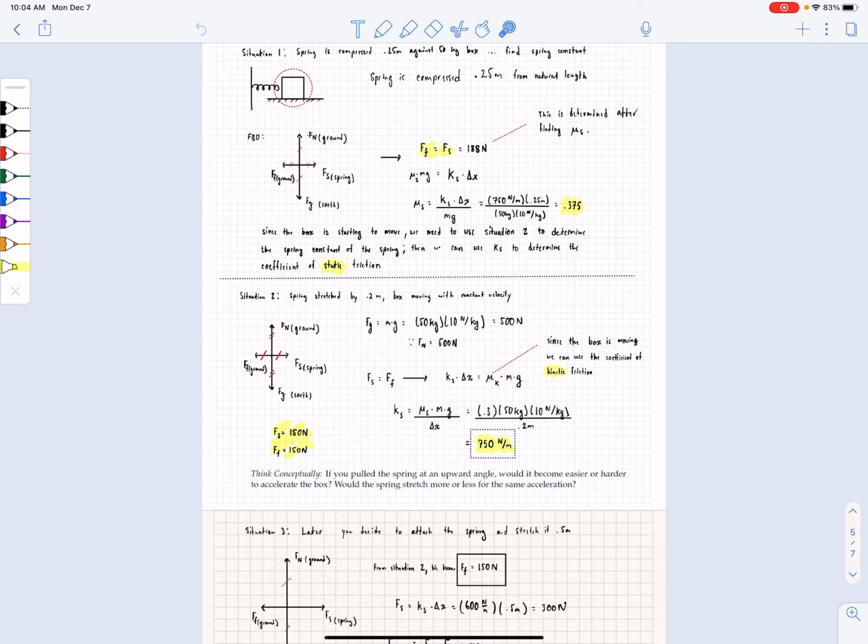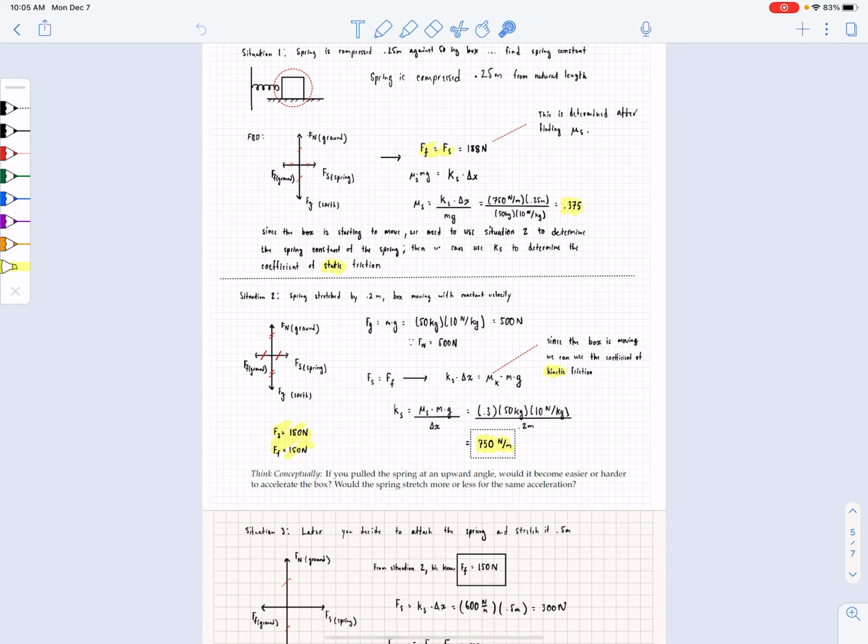These are the forces that are acting on the system, and immediately we can determine what the force of gravity is. The force of gravity must be 500 newtons, and because we know that the force of gravity and the normal force are equal and opposite due to Newton's first law, we know that the normal force is also 500 newtons.